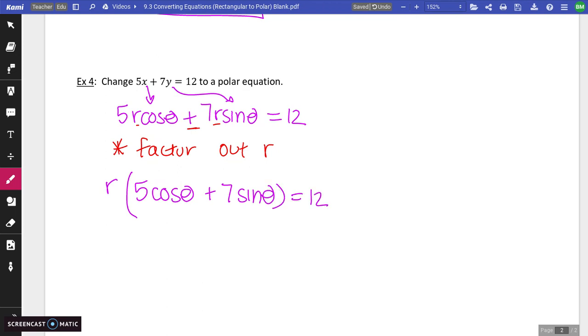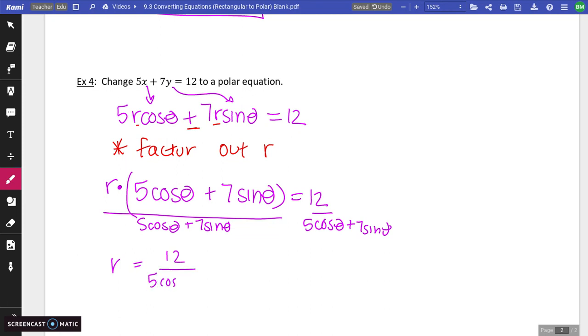If I want to get r by itself, remember this is multiplication here, so I can just divide each side by 5 cosine theta plus 7 sine theta, leaving me with a final equation of r equals 12 over 5 cosine theta plus 7 sine theta. It looks ugly, but r is by itself, so I'm done.